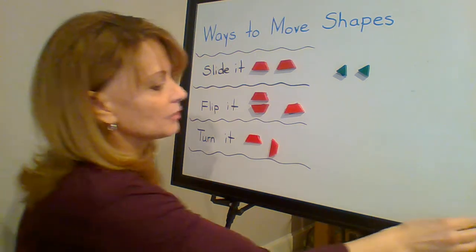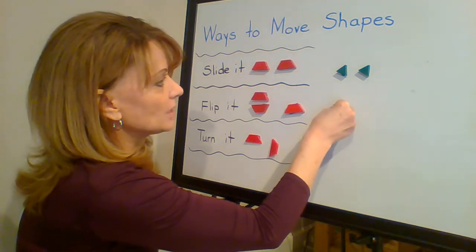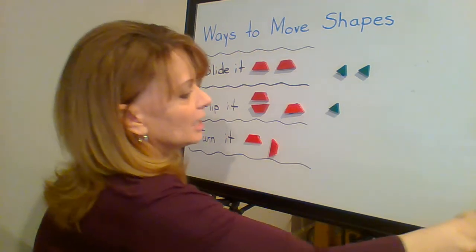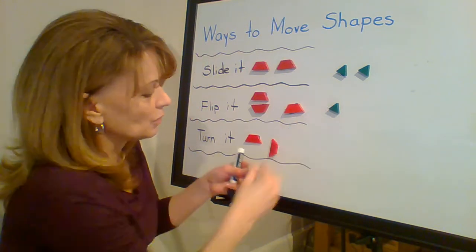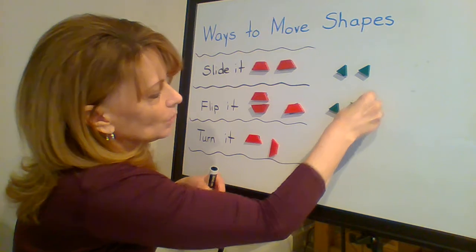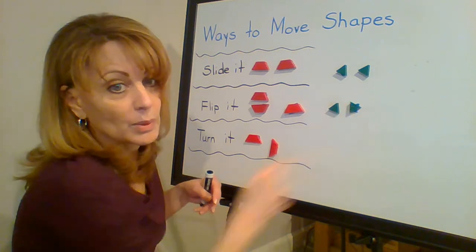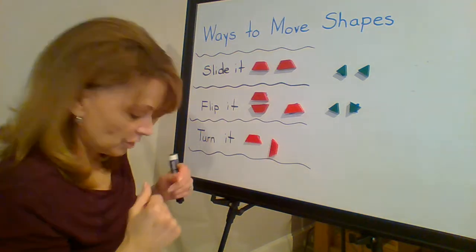Now what happens if you flip it? Well, if it started here and you're going to flip it, you notice the point is here, the straight end is here. Now the straight end will be here and the point will be there. Do you see how you flipped over? Trace that.